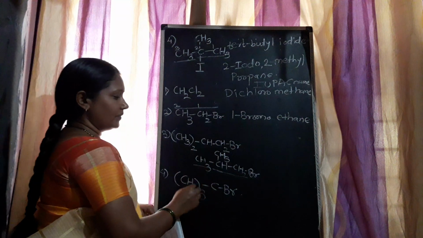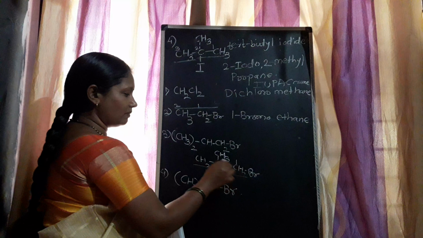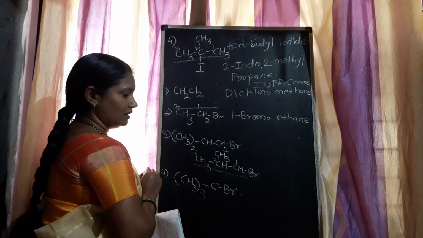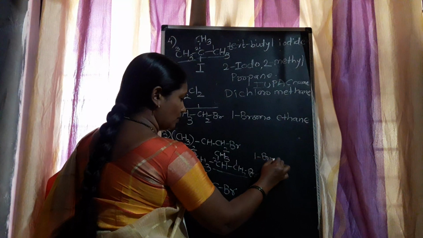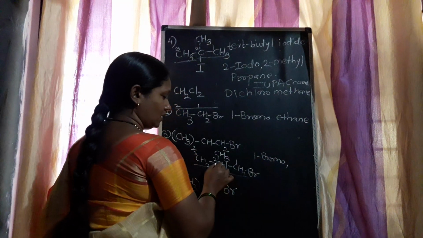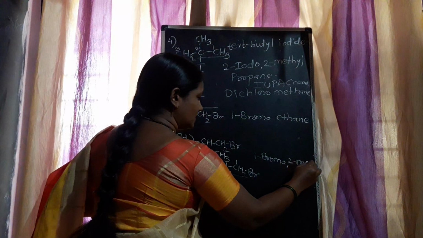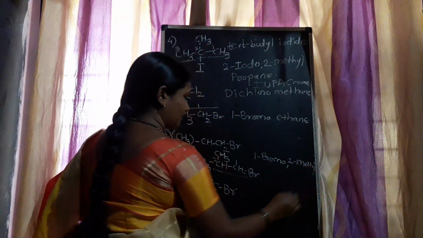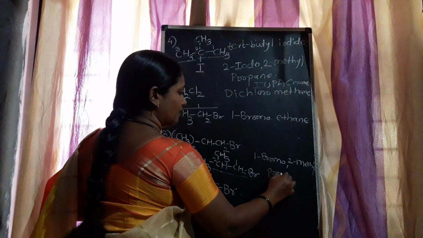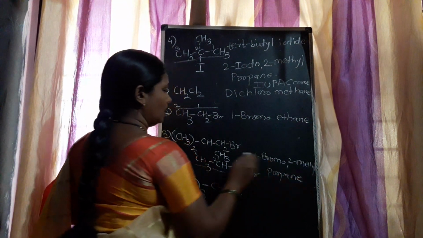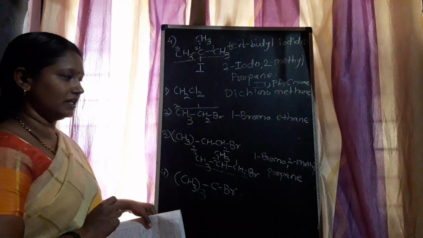Now here the functional group is nearer to this carbon atom, therefore 1, 2, 3. Now IUPAC name: 1-bromo. At second carbon atom a methyl branch is present, 2-methyl, and in this long chain three carbon atoms are present, therefore propane. 1-bromo-2-methylpropane. This is the IUPAC name.